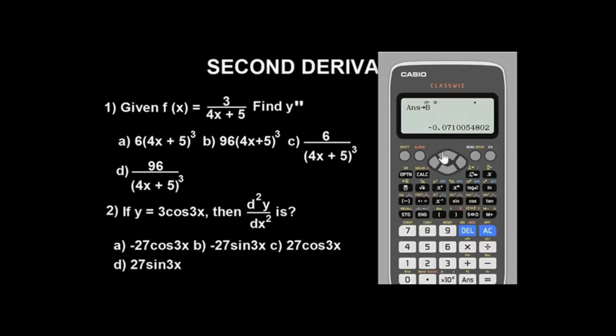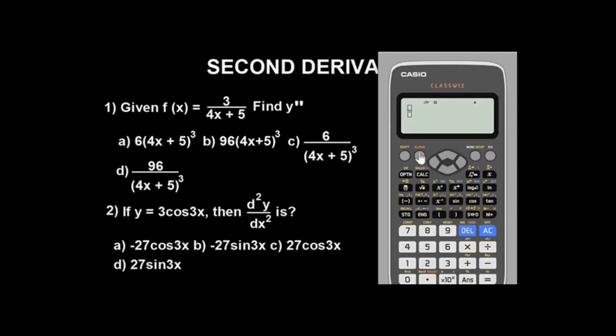Okay guys, having done this, hope you are following. Let's wipe out everything now and check the option. Now to get the answer, before we check the answer, we're going to do something now. We stored A. To bring out A, press alpha A. Oh, sorry. This is the first thing I have to do.